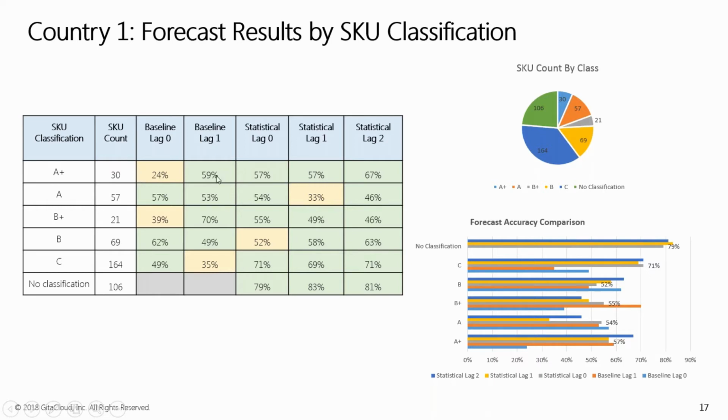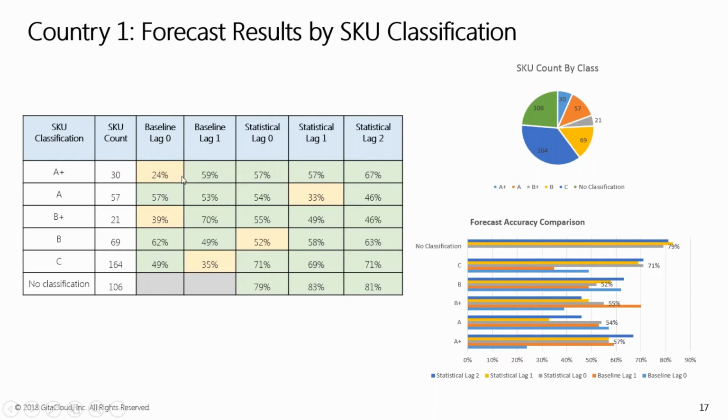So the way you would read this is, among the baseline, which is the way Dabur was forecasting, using the WMAP error metric, the forecast accuracy was as low as 24%.